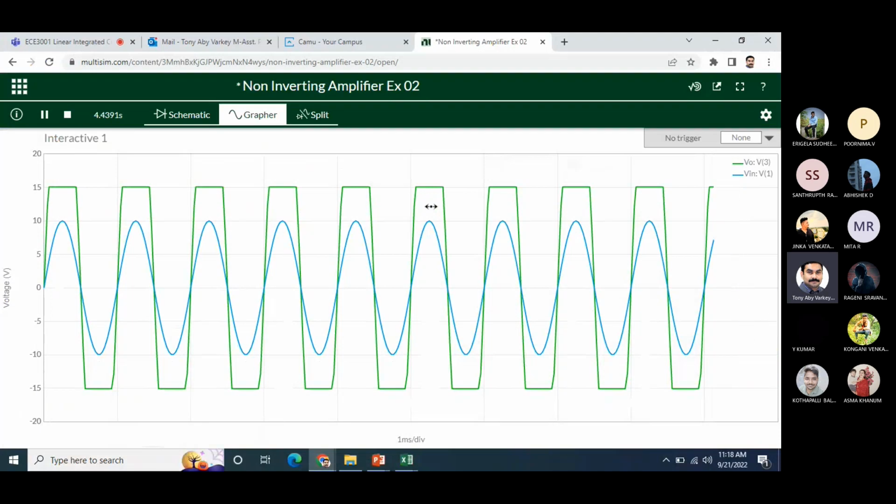I hope you got an idea about the concept of saturation. Anyway, we will be seeing this in the lab when you come to college.